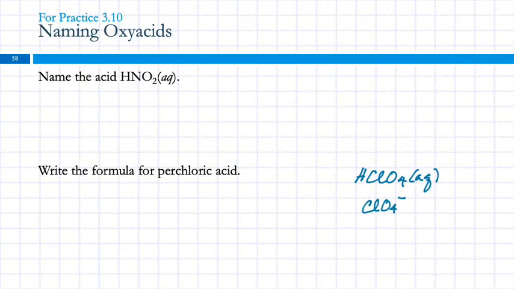Okay, so quick review of the oxyacids. The way I like to think of them is there's chlorate. I know there's hypo and there's per. ClO4 is chlorate with more oxygen.